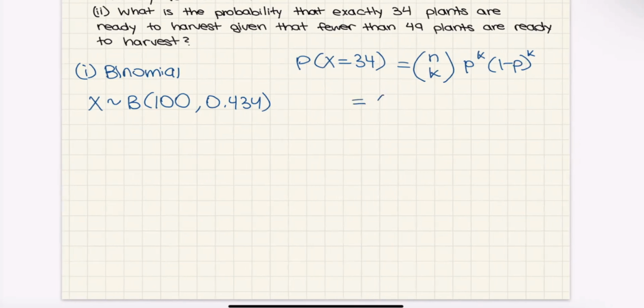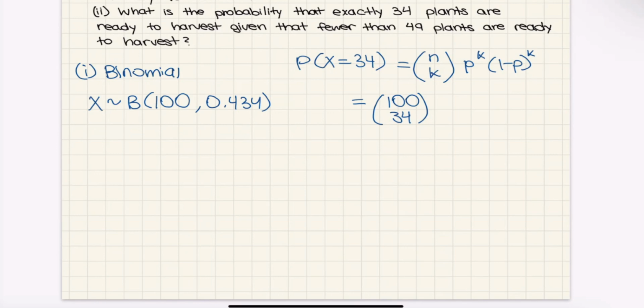So n choose k is 100 choose 34. The reason we do this part is because the order doesn't actually matter. We just care about there being exactly 34. It doesn't necessarily have to be the first 34 that are successes and then the rest failures, or any other given order. As long as exactly 34 are successes, regardless of the order, it would still count.